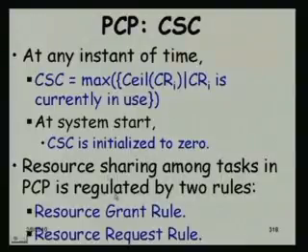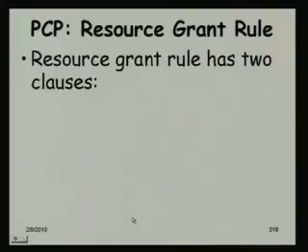So, the priority ceiling protocol basically has 2 rules: the resource grant rule and the resource release rule. Actually, it should have been grant rule and release rule, a mistake here. First let us look at the grant rule.